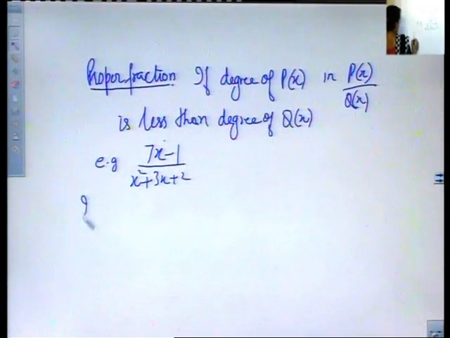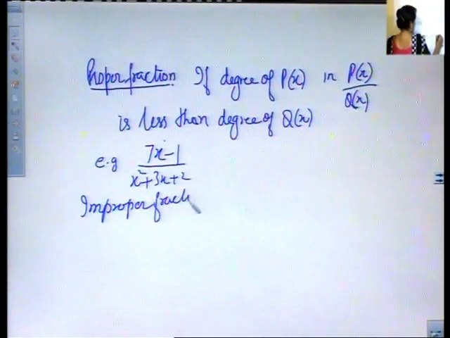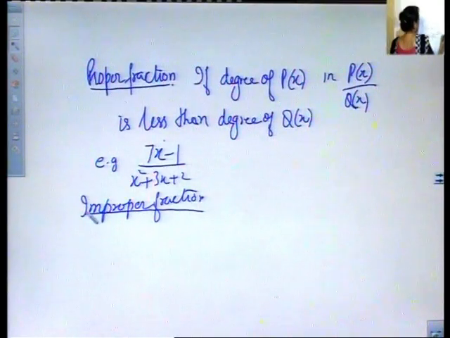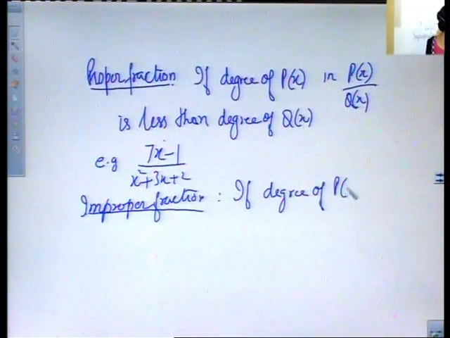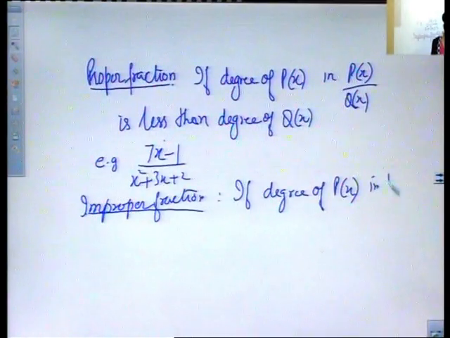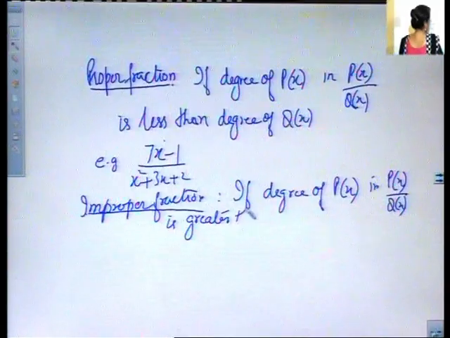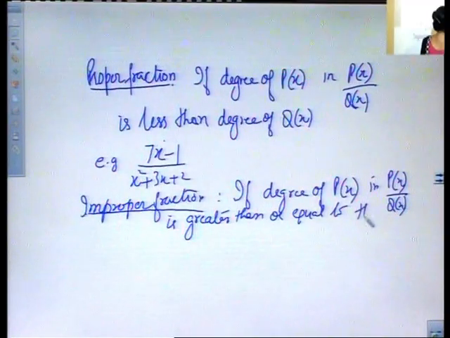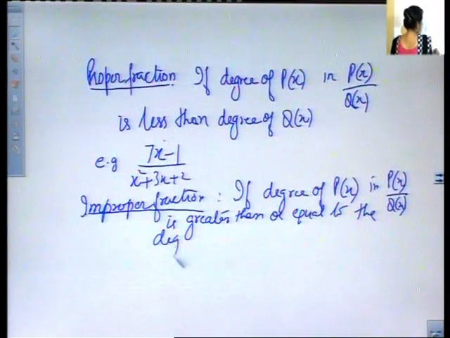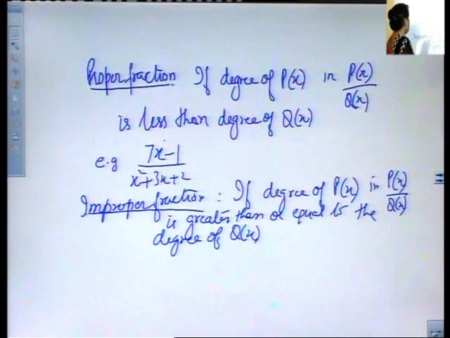Now next is improper fraction. If the degree of p(x) in the expression p(x) upon q(x) is greater than or equal to the degree of q(x), then it is called an improper fraction.